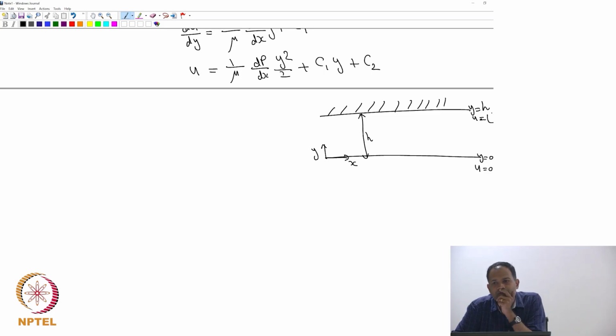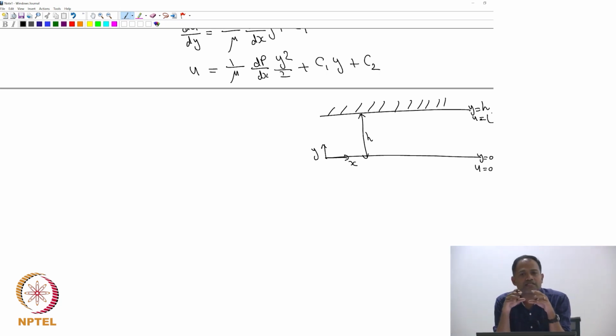What would that do? That can also drive the fluid, right, because you take fluid between two plates, you move one of the plates, the fluid will automatically move. So basically what I am trying to say is that there are two ways of moving fluids typically. One is that you put a pump, in other words you apply a pressure gradient which can generate a flow, or you move one of the boundaries, okay, like this, and then it will also drive a flow.